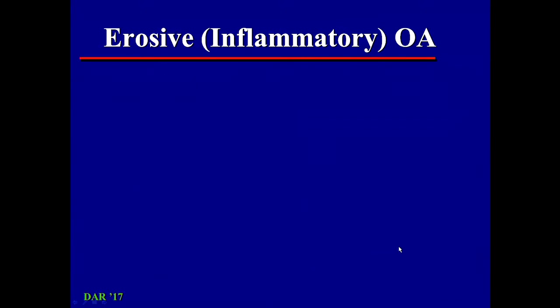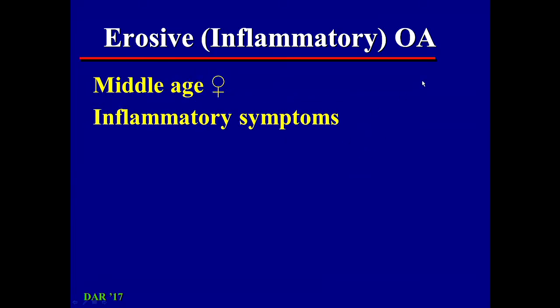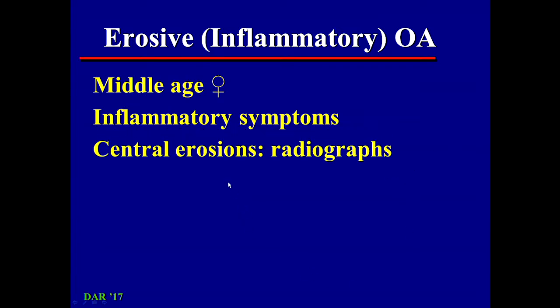There's one other form of osteoarthritis we should talk about, and that's called erosive or inflammatory osteoarthritis. Again, this is mostly a condition that occurs in middle-aged women, and it's where the inflammatory symptoms predominate. So we said that all patients with osteoarthritis really do have some inflammation, but in these particular patients, the inflammatory symptoms are profound.